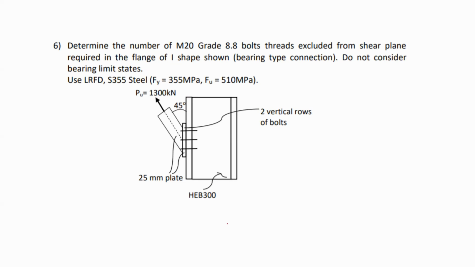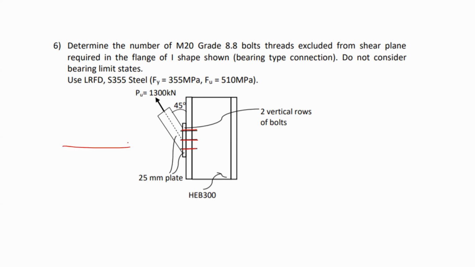In this connection, as we can see, we have this HEB 300. We have a plate that is connected, 25 millimeters, another plate in here, and we have these bolts. These bolts are shown in red, 2 vertical rows of bolts.